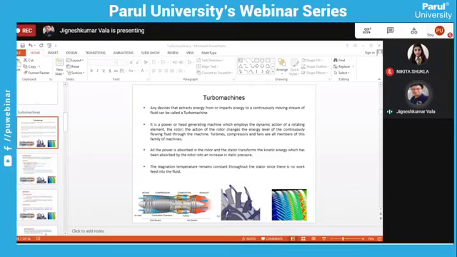Any device that extracts energy from, or imparts energy to, a continuous moving stream of fluid can be called a turbo machine. And let us come to the main definitions used in the technical way.